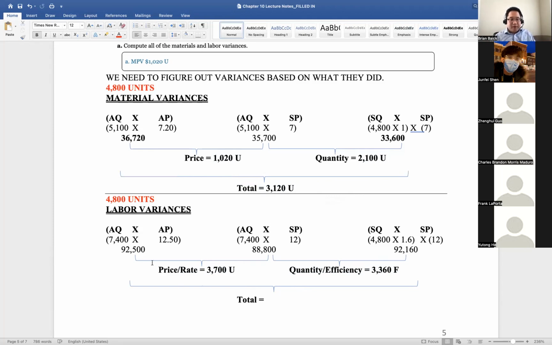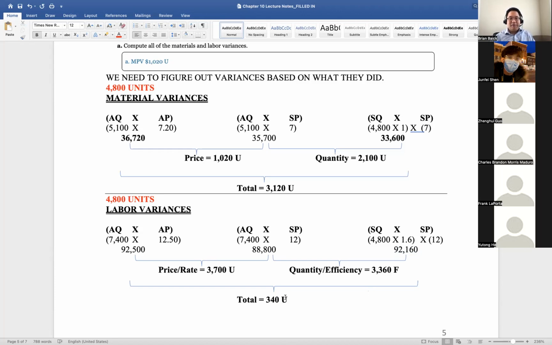Just take 92,500 minus 92,160. Then it will consistently work and it's easier to do it that way. That's exactly the way I do it personally. And then that's 340, positive number, so we say U. Excellent.